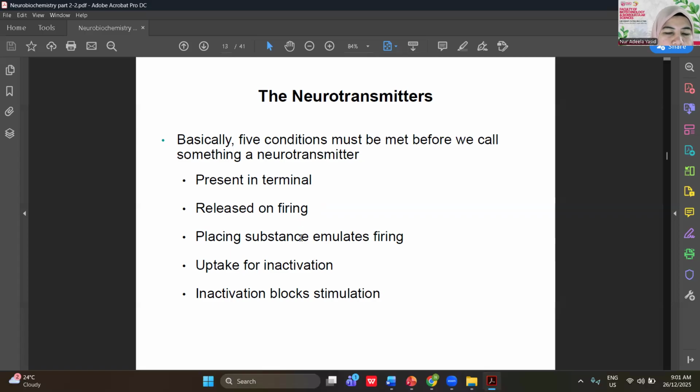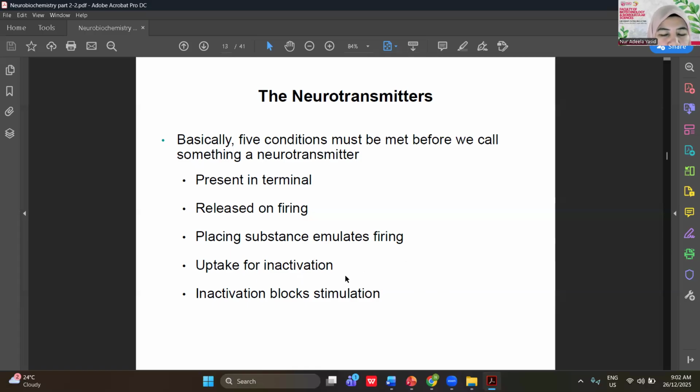This release typically occurs through the process of exocytosis triggered by the calcium influx. Then, placing the substance emulates firing. What does it mean? When the substance is artificially applied to the postsynaptic membrane, it should produce the same effect as when it is released naturally by the presynaptic neuron.